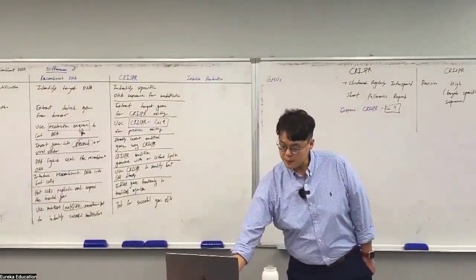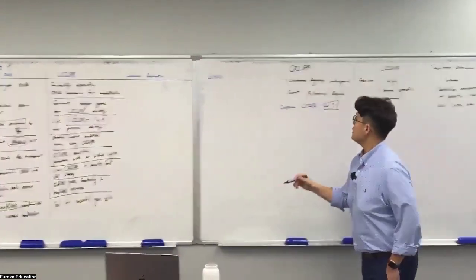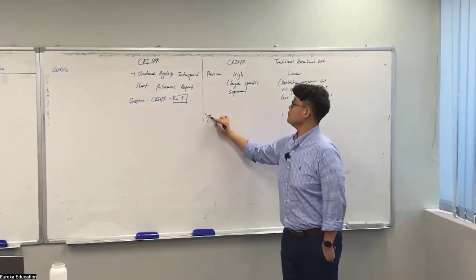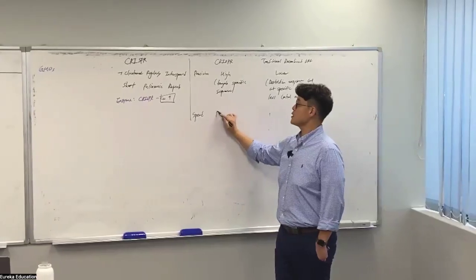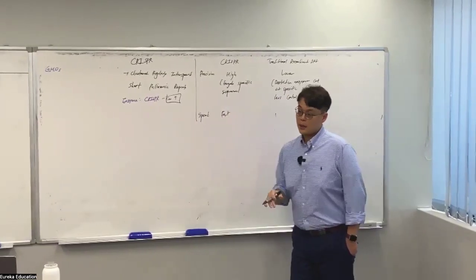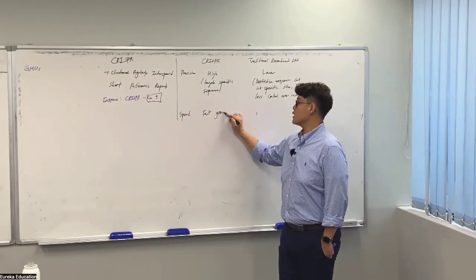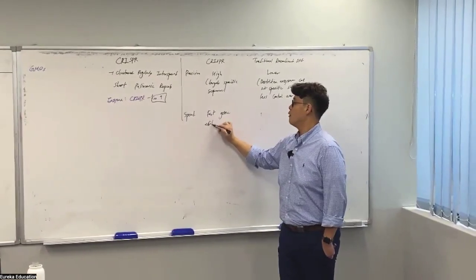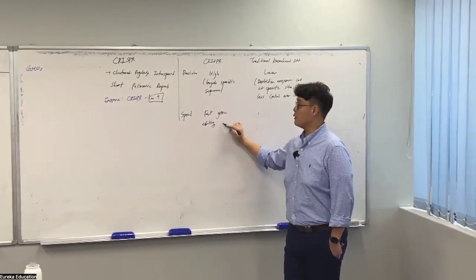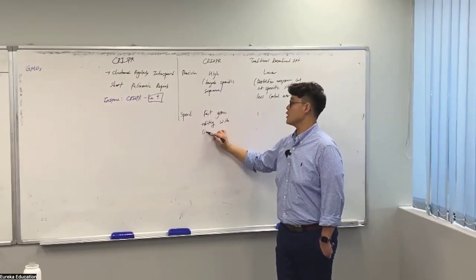In terms of speed, CRISPR is relatively fast, and it allows fast gene editing. It can actually be used with living cells.